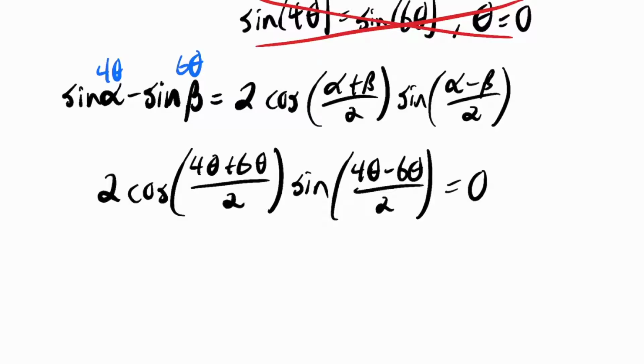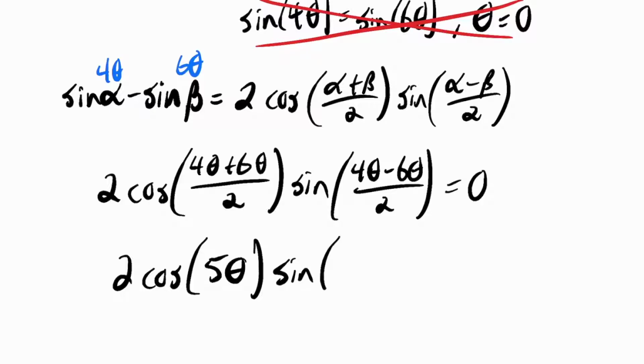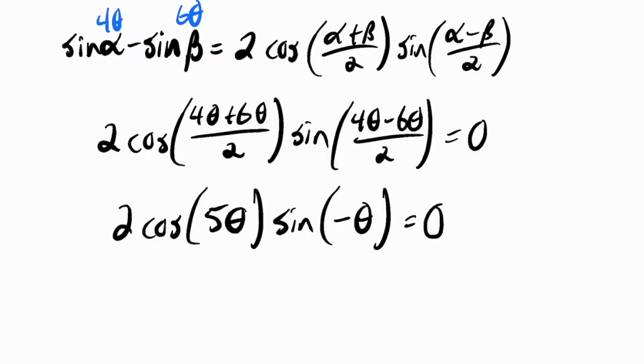So, simplifying a little bit, this is 2 cosine of, when I have 4 theta plus 6 theta, that's 10 theta, divided by 2, I get 5 theta, times sine of 4 theta minus 6 theta, which is negative 2 theta, divided by 2, that's negative theta, equals 0. So this is much better already. Now, since sine is an odd function, this negative can go out in front.